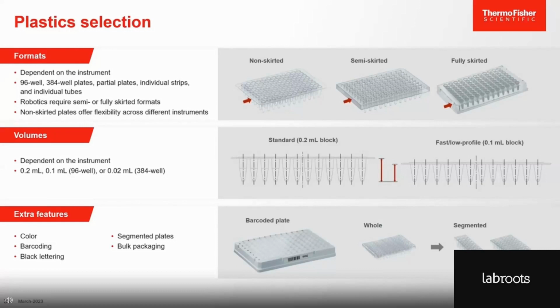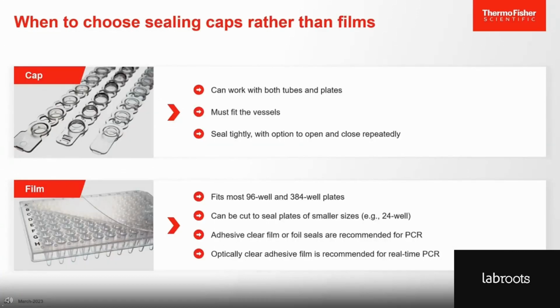The right plastic selection can significantly impact PCR and qPCR performance and should not be overlooked. Let's not forget seals. The two most common types of PCR seals are cap strips and adhesive films. Cap strips may be used to seal both PCR and qPCR tube strips and plates, but films are designed to seal qPCR and PCR plates.